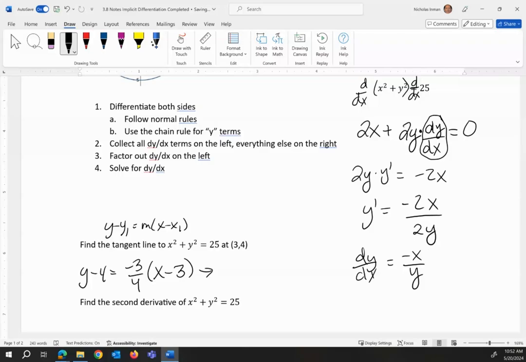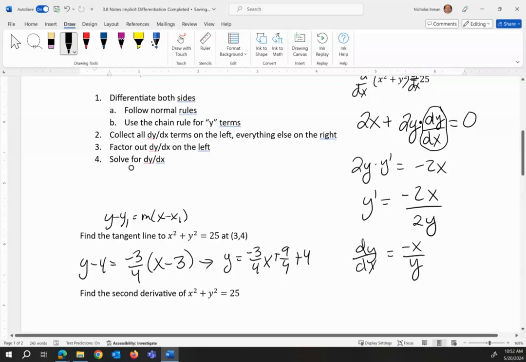This is not going to be pretty. We have y equals negative 3/4 x plus 9/4 plus 4. 9/4 plus 4, that's 16/4.